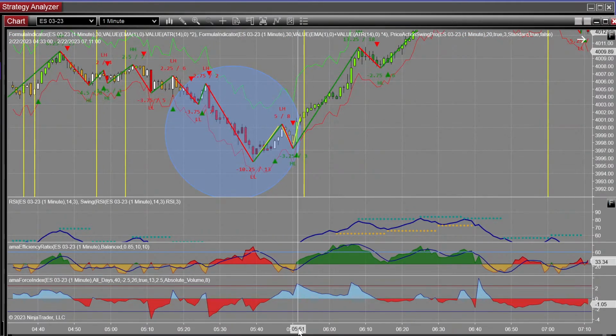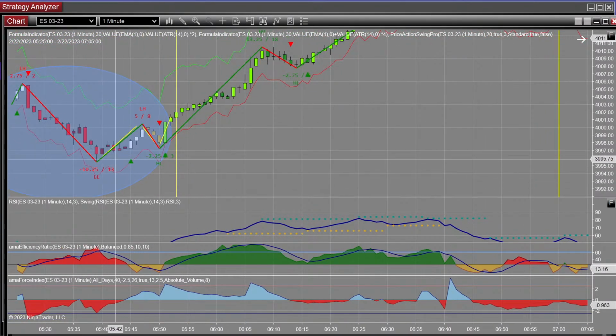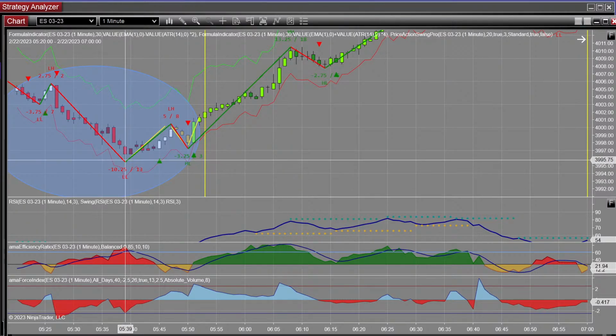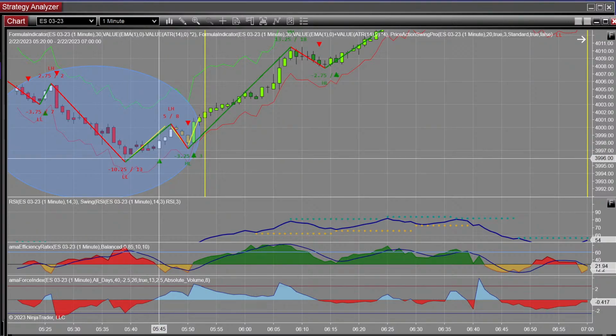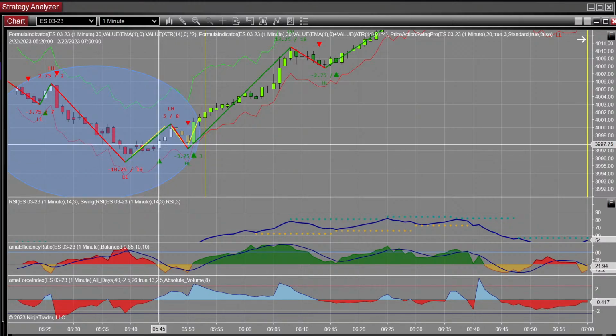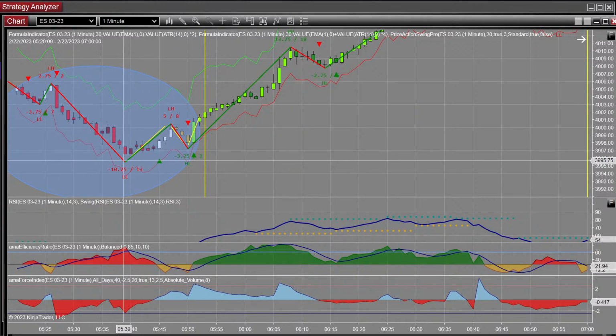Okay, so now you can see the lag. This low point didn't get confirmed until right here, so that's what that arrow indicates. Once this arrow appears, it confirms this low.